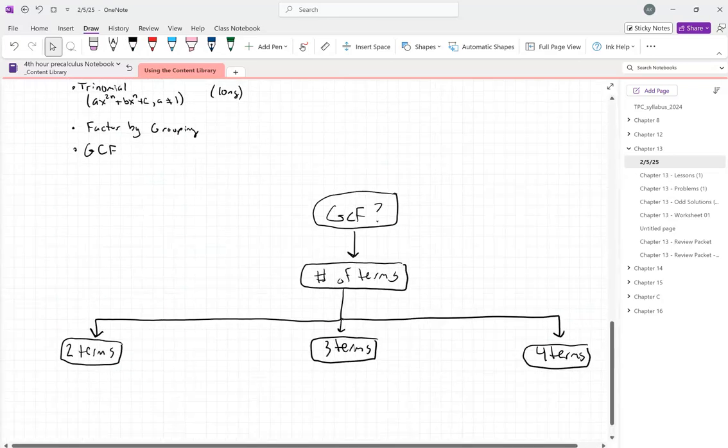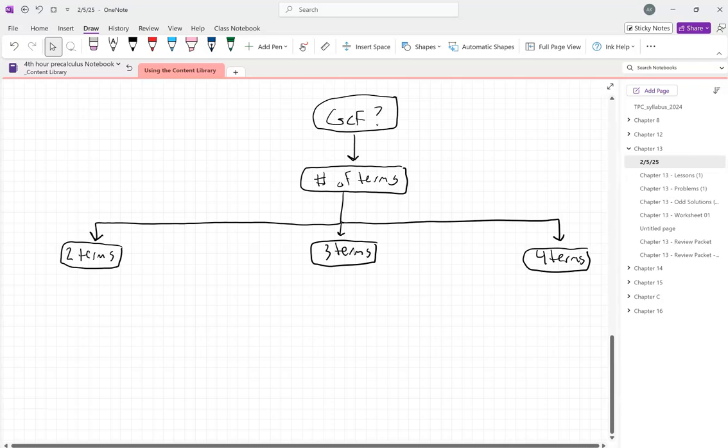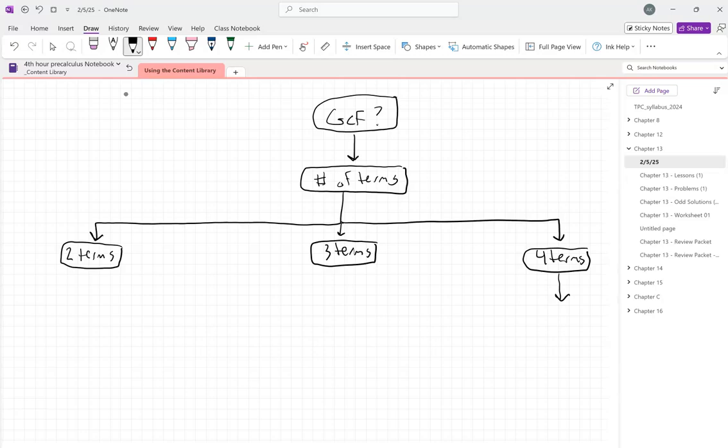And we're going to consider situations where you can have 2 terms, 3 terms, or 4 terms. If there's 4 terms, you're going to check to see if you can use factor by grouping.